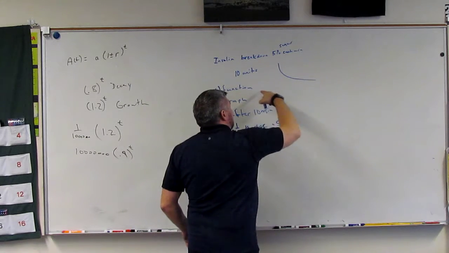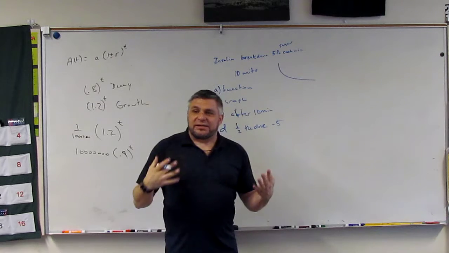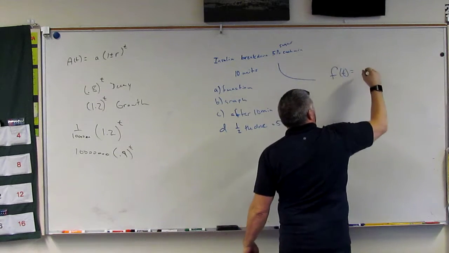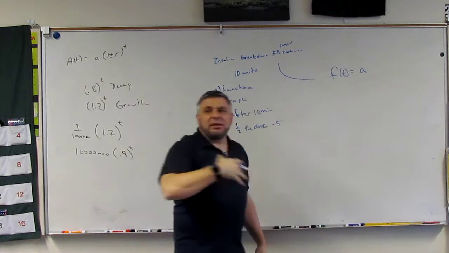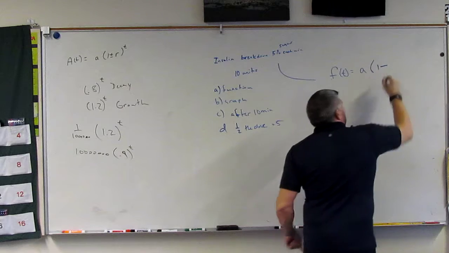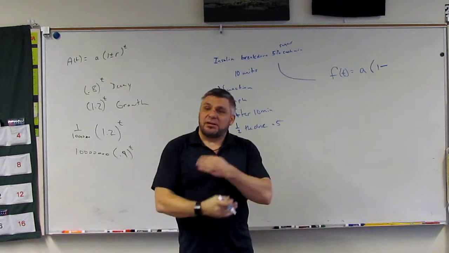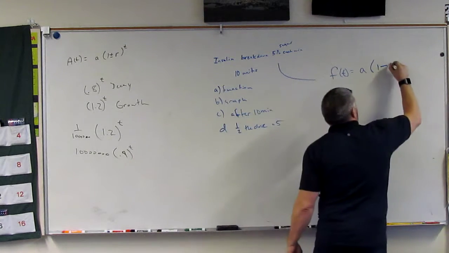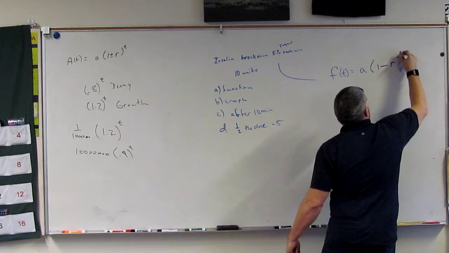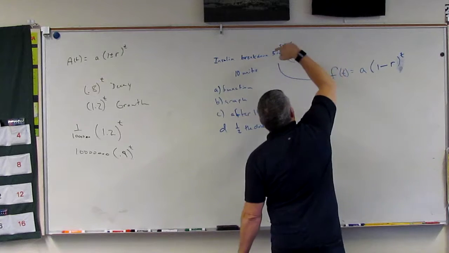The function, well, what is the basic function? Remember, the function with respect to time is equal to A, the amount you start with, times 1 minus, because this is decay, it's going to be minus R, to the T. Now we know it does 5%.